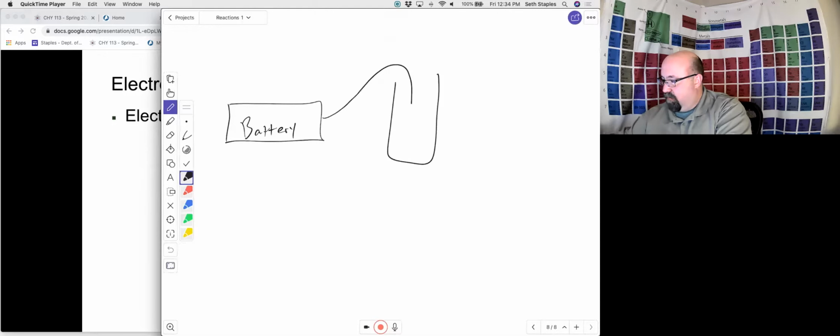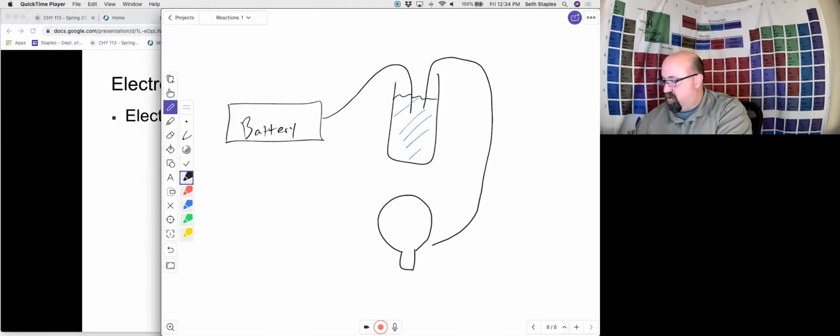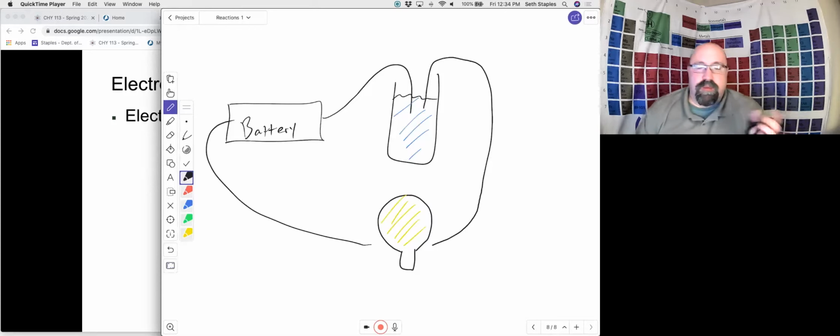Here's the battery flowing in. There's my solution there. And then we have another wire coming back out, leading down here to a very crude depiction of a light bulb, and then leading back to my battery. So just a very simple circuit.